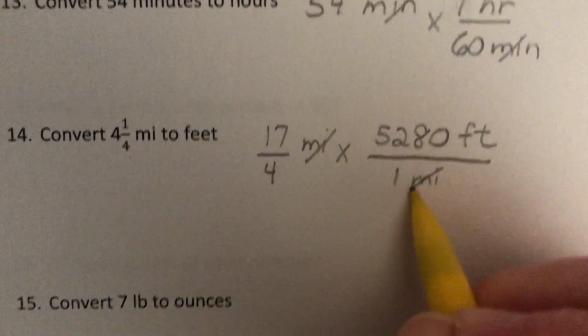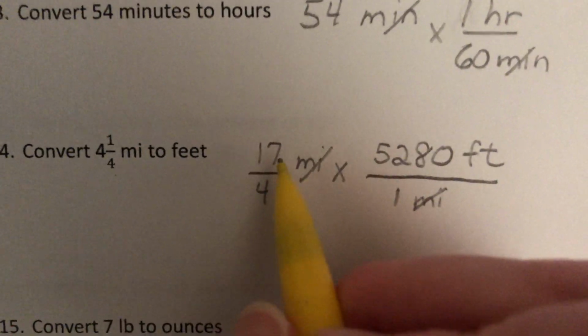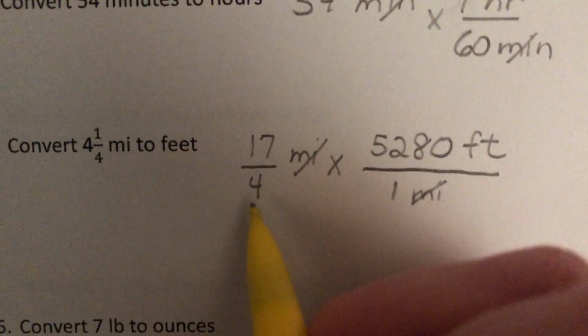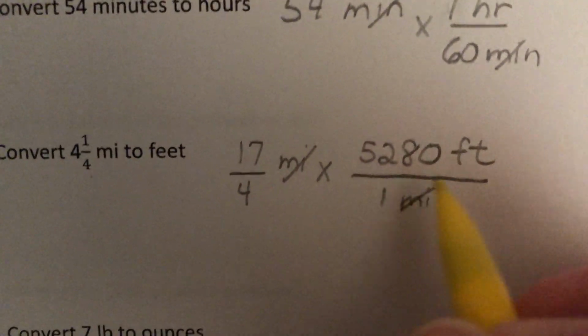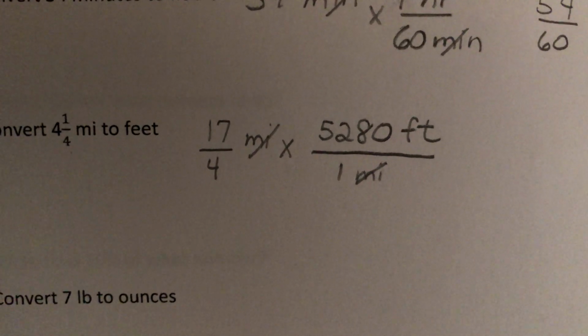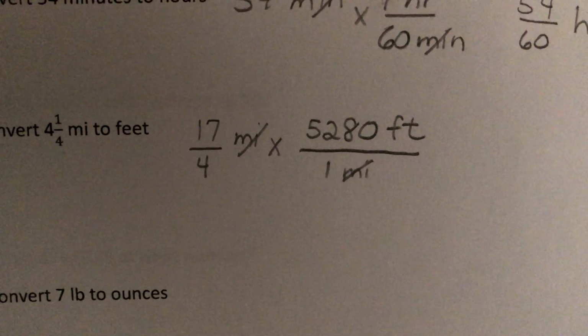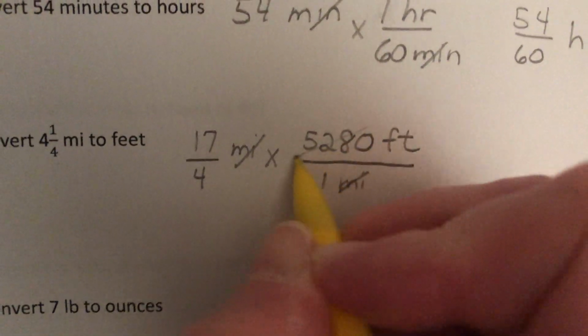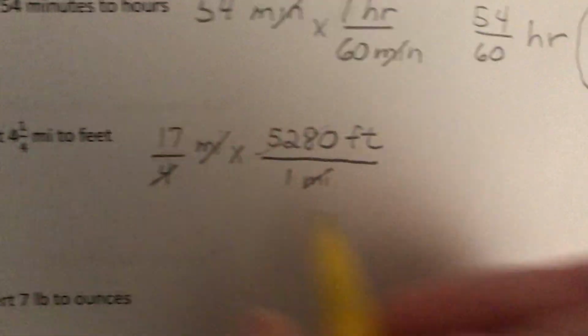So the miles will cancel out. Now I can take 17 times 5,280, get a big number, and then divide by 4. But it's faster if I take the 5,280 and divide by 4 first, and then it'll give me an easier multiplication problem to do. So that's what I'm going to do. I'm going to divide this by 4 and this by 4.